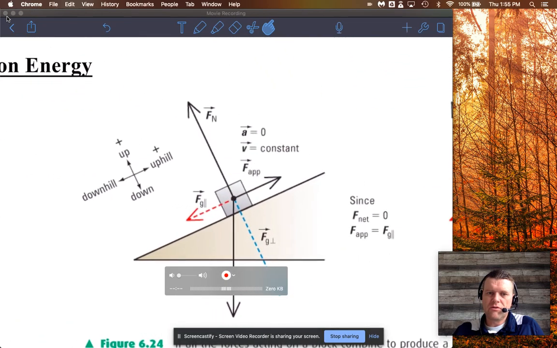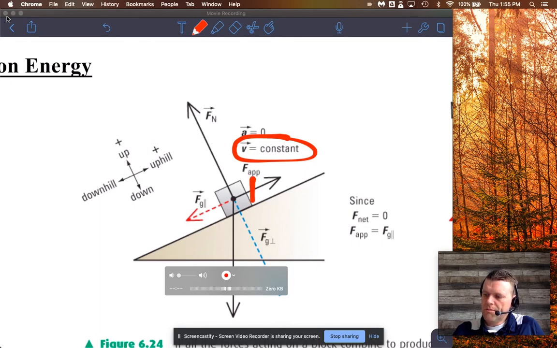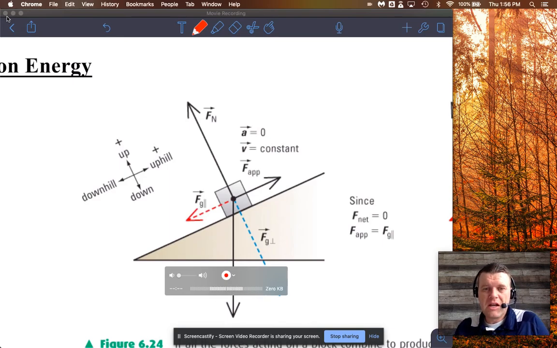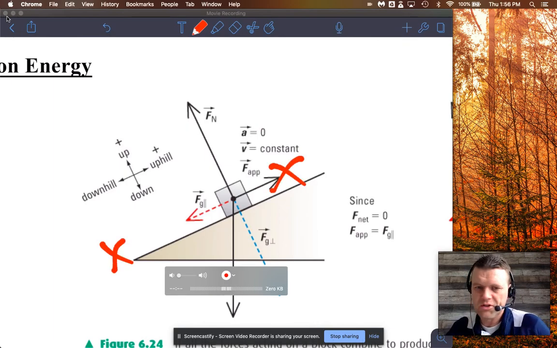If you could drag this mass uphill at a constant speed, then the force up would have to equal the force down. They show those little hash marks. There wouldn't be a change in the kinetic energy, because it's going 1 meter per second down here, and it's still going 1 meter per second up here.